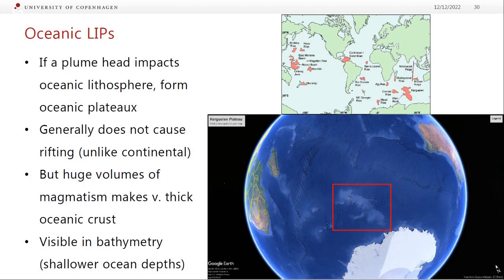So the oceanic ones, they don't fractionate as much? Good question. I actually don't know a hell of a lot about oceanic plateau. I guess we wouldn't really know if they made a lot of magma chambers.